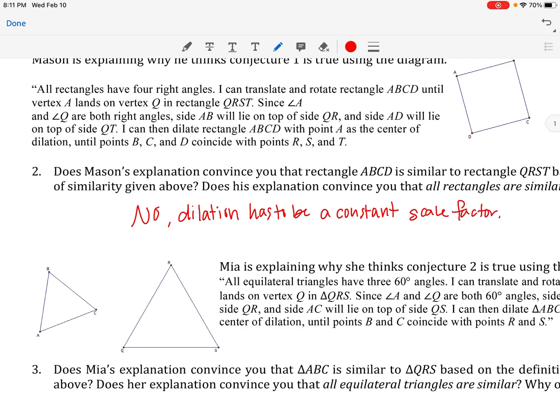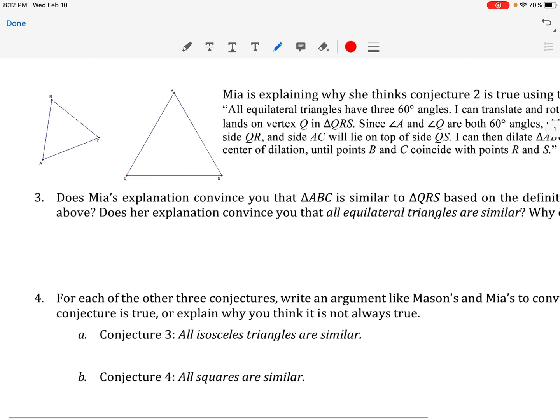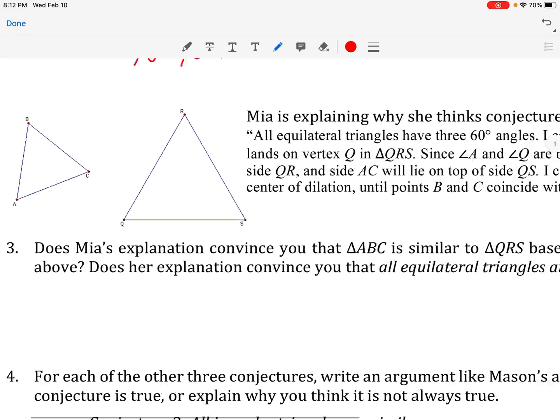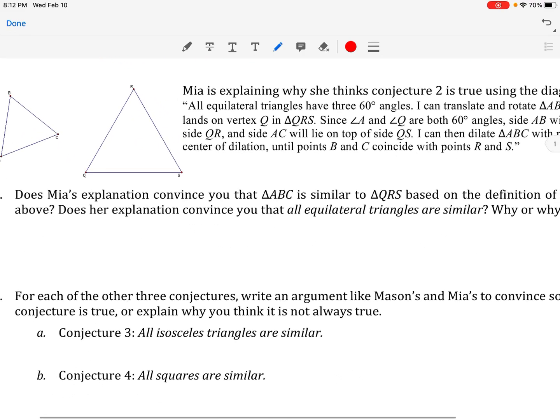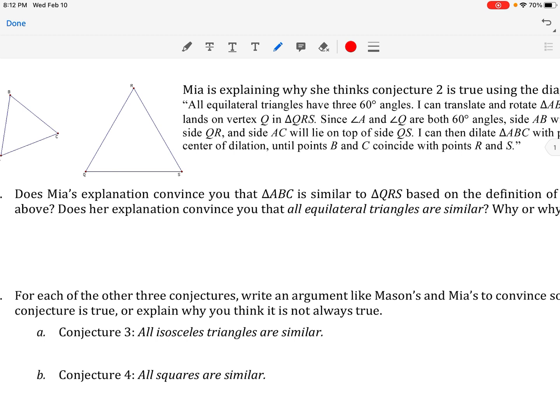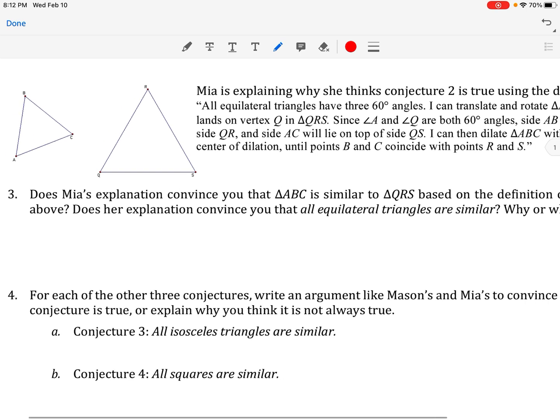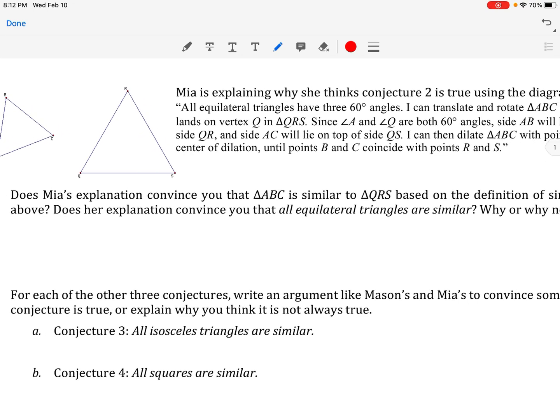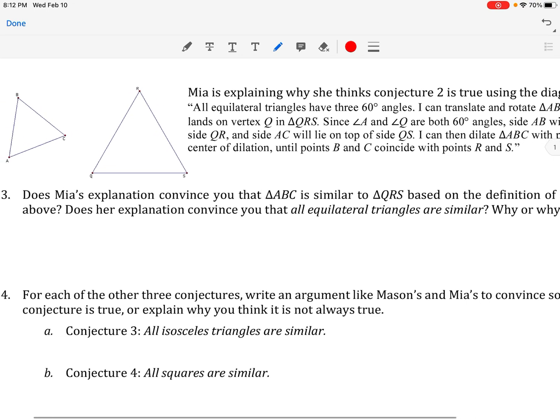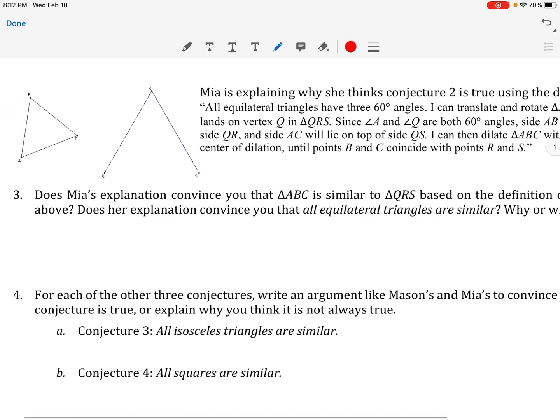Okay, so now the next thing we have to talk about is equilateral triangles. Mia is talking about equilateral triangles, and she has an explanation as to why she thinks this is true. We know that all equilateral triangles have 3 60-degree angles. So she's going to take triangle ABC, rotate it a little bit, and land this corner on top of this corner.